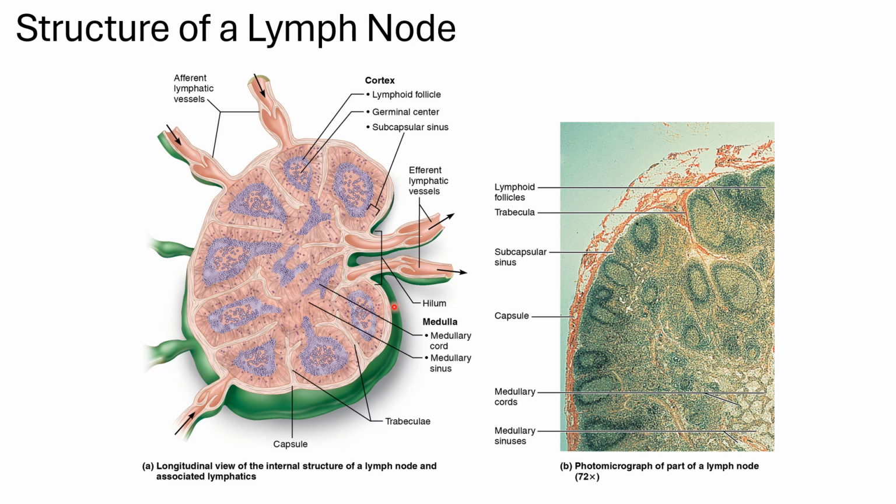Efferent vessels are present at the hilum, and there are more afferent vessels compared to the efferent vessels. This makes the exit of lymph from the lymph node slower compared to the entry. So this gives time to the macrophages and the dendritic cells to detect the pathogens and present them to the T and B cells.